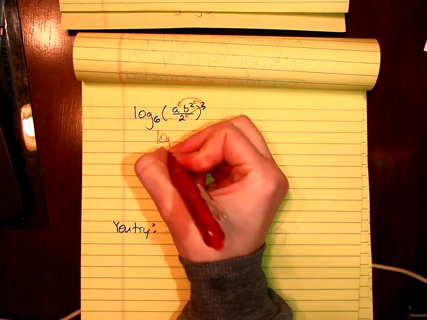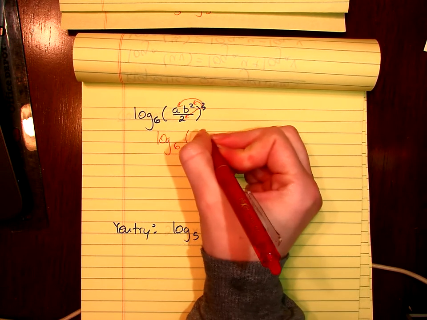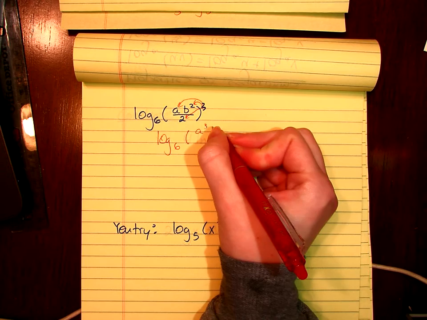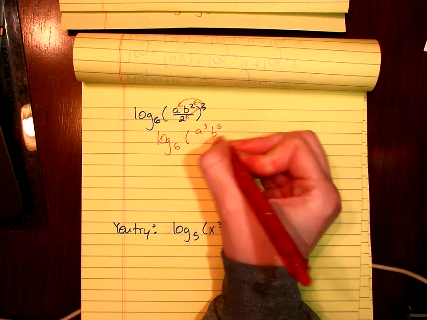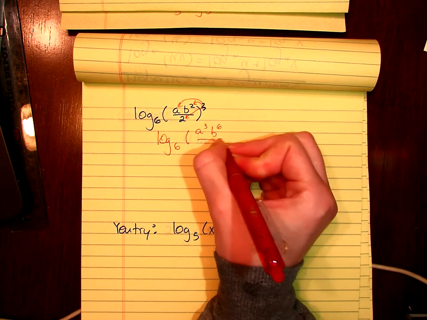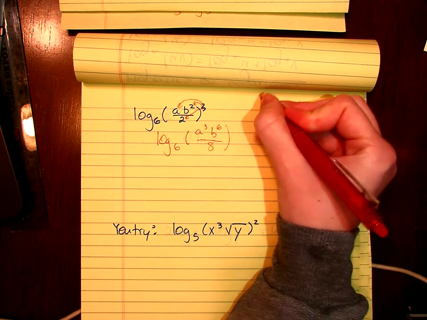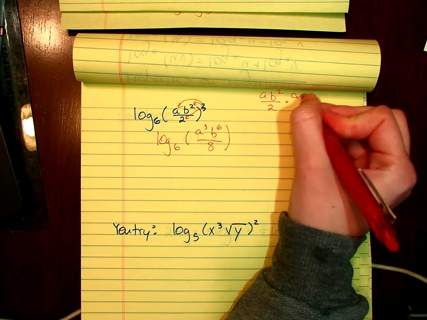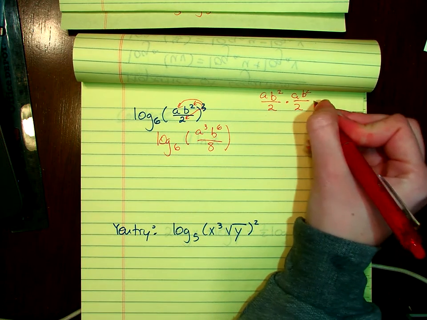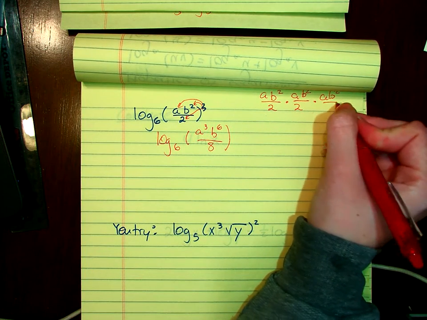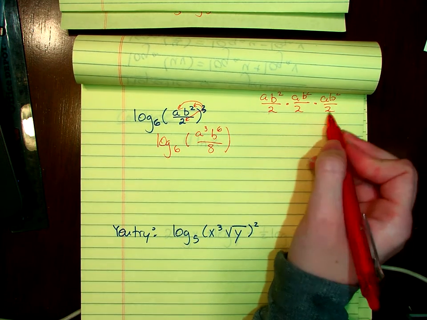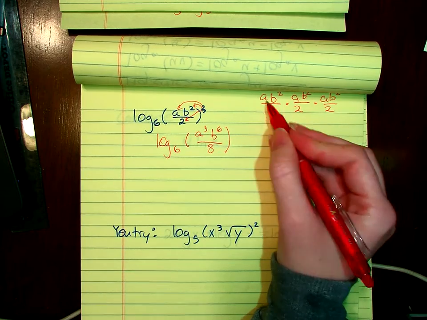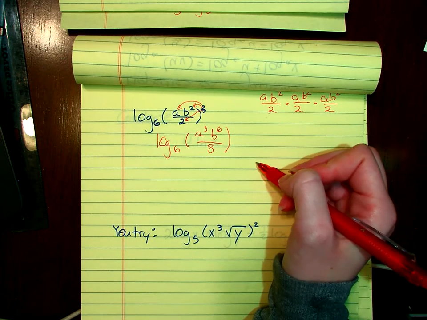So that becomes log base 6 of a to the 3rd power, b to the 6th power, over 8. Because remember, this means I have ab squared over 2 being multiplied by itself 3 times. That's where that comes from. I wind up with 8 on the bottom, 6 b's on top, 3 a's on top.